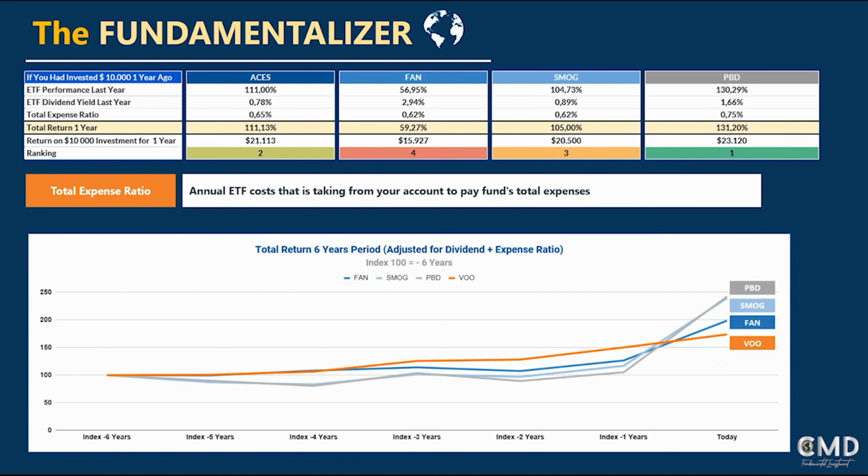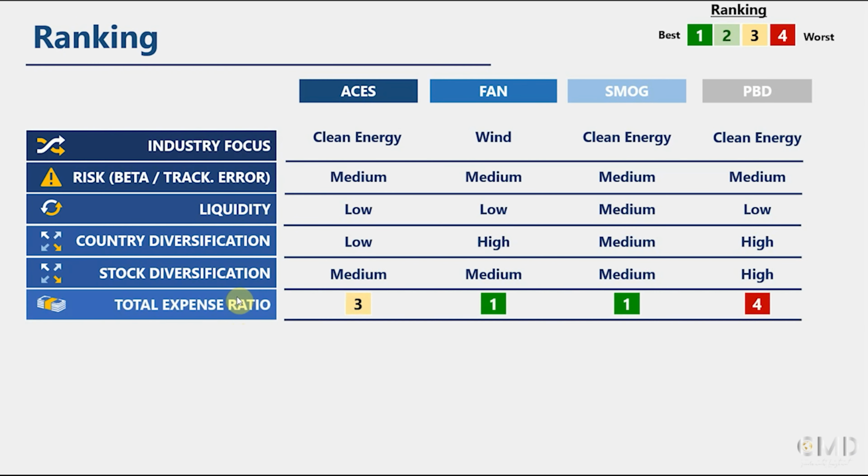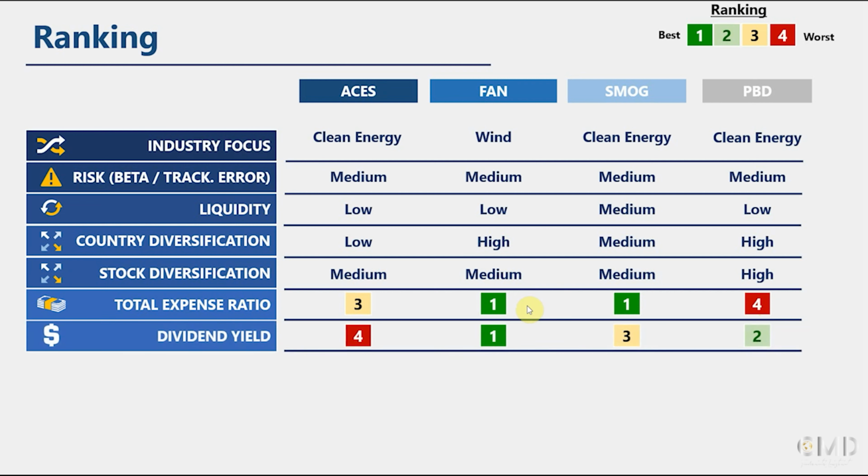So back to our recap ranking overview, we first looked at the total expense ratio. FAN and SMOG are the cheapest, followed by ACES and PBD. Again, there's relatively little difference between these ETF expense ratios, but there is still a difference. The dividend yield, FAN is giving the best, followed by PBD, SMOG, and ACES.